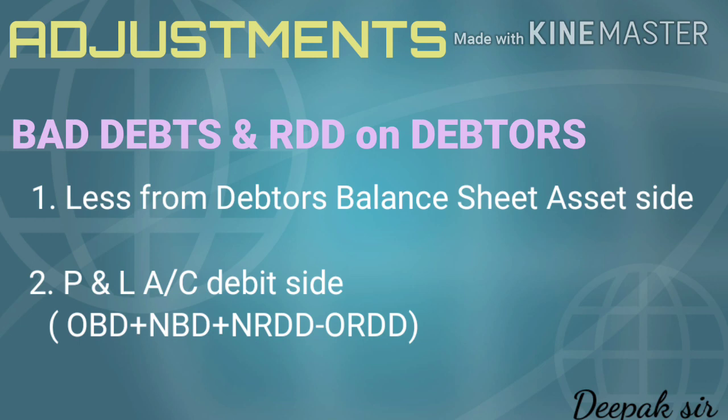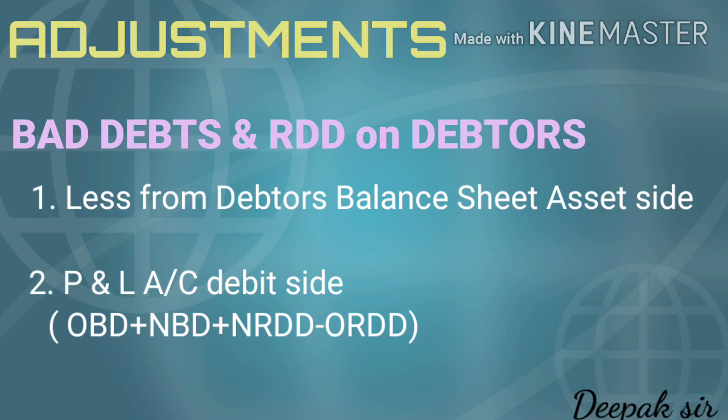So the first effect of bad debts and RDD, we have to deduct from sundry debtors in balance sheet asset side, and the second effect of new bad debts and new RDD will come in profit and loss account on the debit side. While we are writing in profit and loss account debit side, we have to write down all the accounts. That is, we have to add old bad debts and new RDD.